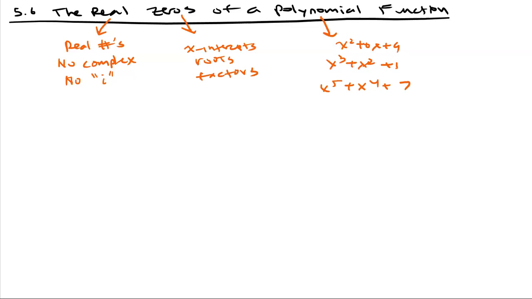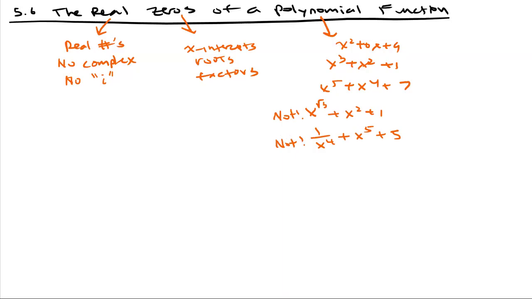Now, what is not a polynomial is when the power is no longer an integer. So for example, x raised to the square root of 3 plus x squared plus 1. This is not a polynomial, okay? Or something like 1 over x to the fourth plus x to the fifth plus 5. Again, this is also not a polynomial.